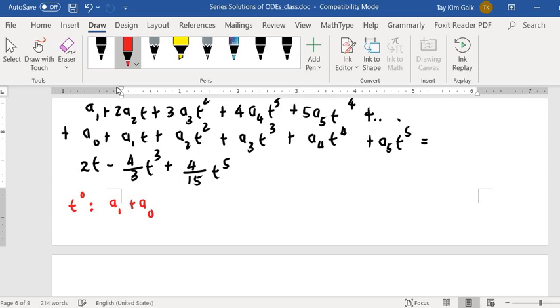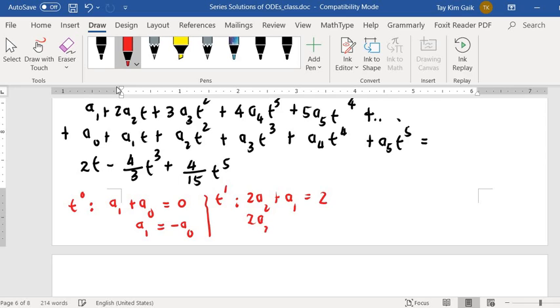Right hand side we don't have the constant term, so it's equal to 0. Solve a1 in terms of a0, so a1 is negative a0. Okay, and then you compare t power 1: 2 a2 plus a1. Right hand side is equal to 2. So solve a2 in terms of a1, and a1 replace in terms of a0.